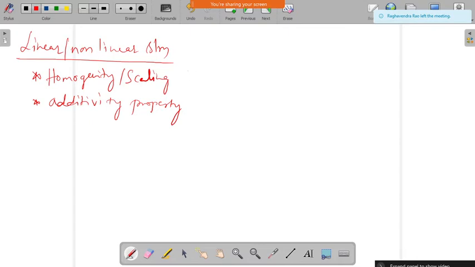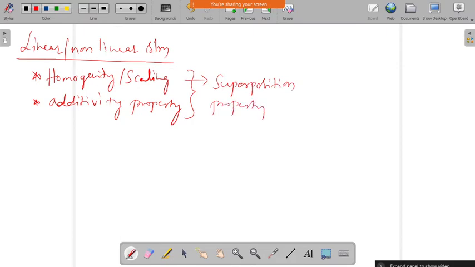These two properties together we call the superposition property. If the system satisfies this superposition property, then we can call the system linear.